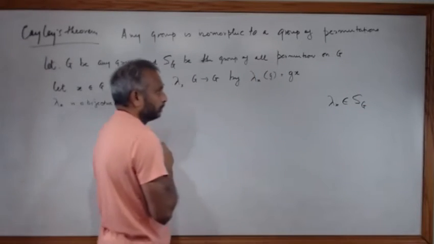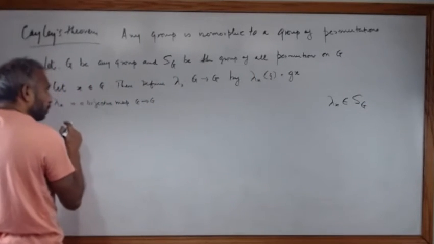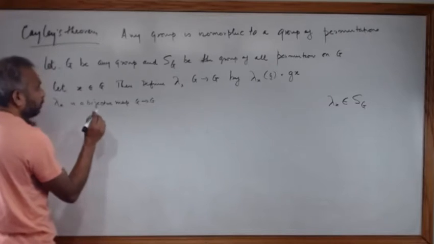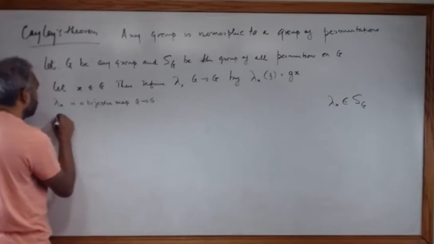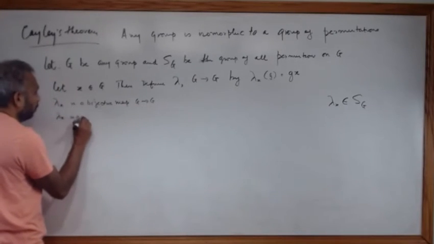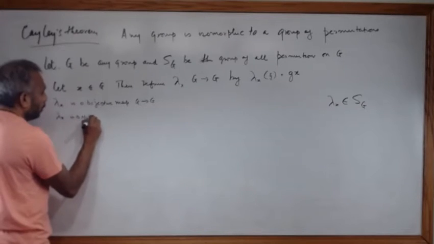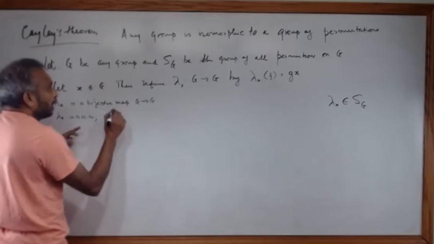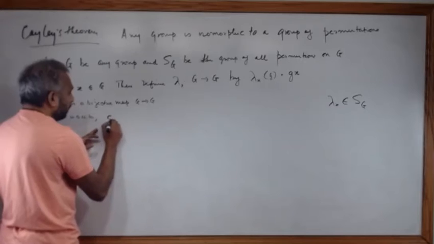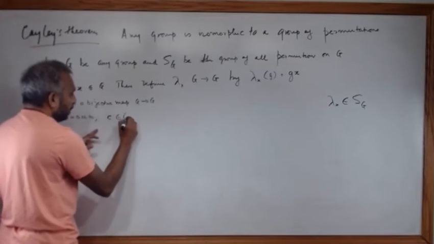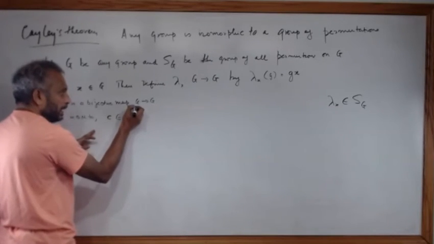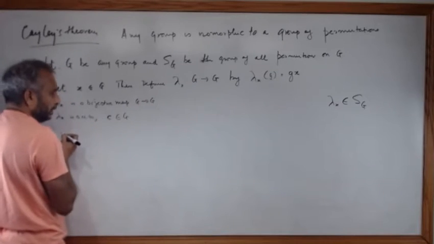How do you prove this? First we show it's onto. We take an element c in G and need to show there is an element that is mapped to c.